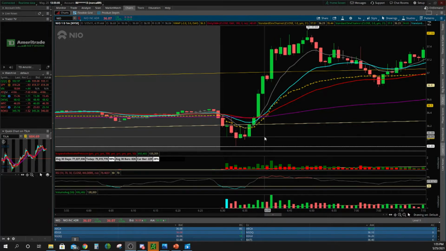So this is almost by the whole dollar, 36.03, 36.02, somewhere in there. And then your entry would have been at 36.22 or 36.26, somewhere in there. So you're basically risking about 25 cents a share in this example.